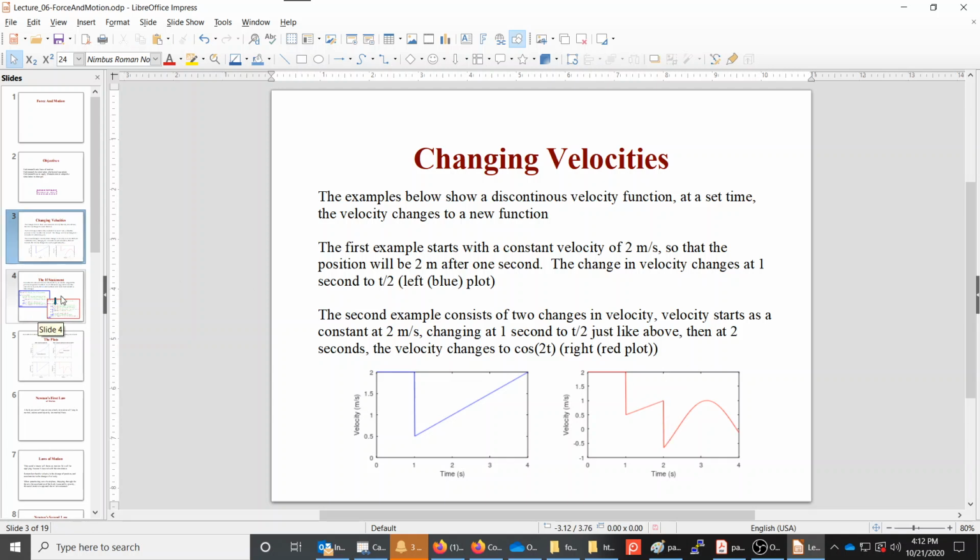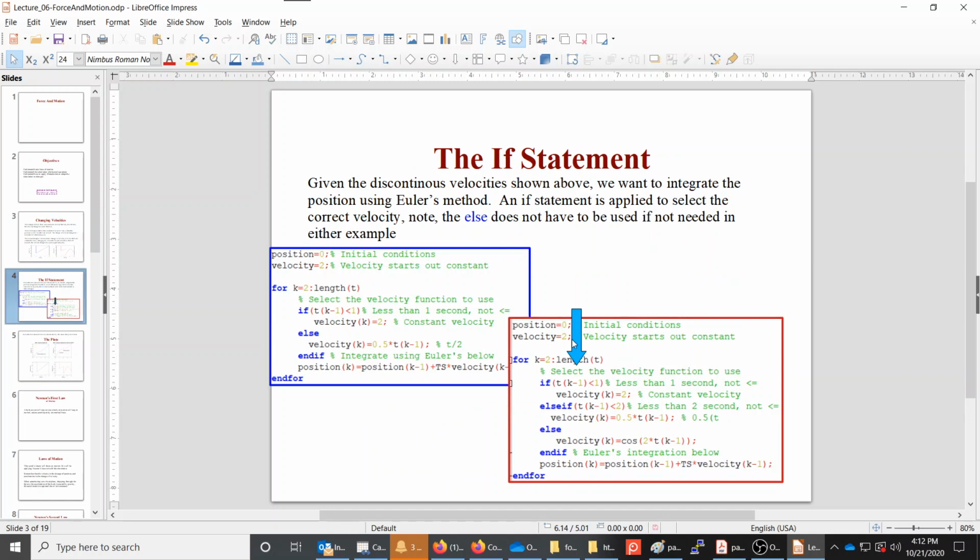So if that's the case, then we have our if statement still, but we also have an else if. So you ask the question, and in this case I was asking the same question. I'm asking, if time is less than 1 second, and if that is true, then I'm going to execute this command, which just sets the velocity equal to the constant value of 2.